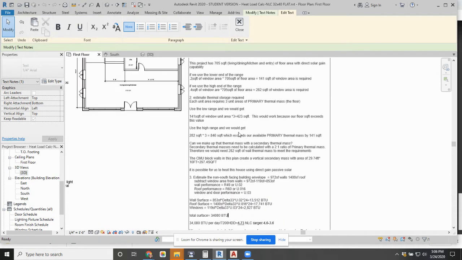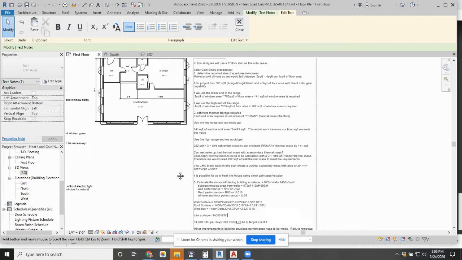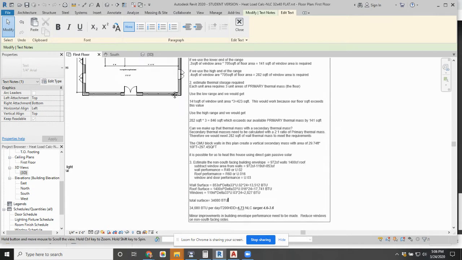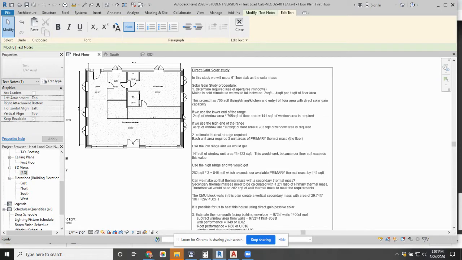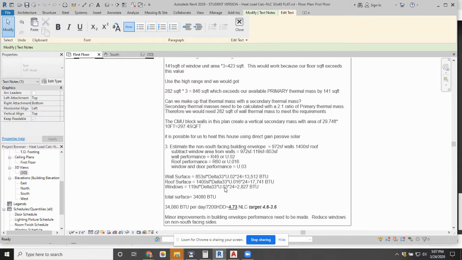So one of the things that I would do if I wanted to bring that number down and closer to the target is look at removing more windows from those other non-south facing walls and seeing if I could increase my thermal performance that way, or improving on my window and door performance, but these are pretty good to begin with, or building up my thermal performance in the walls maybe, instead of R49 trying to get an R60 with my walls as well, and I probably would make it.